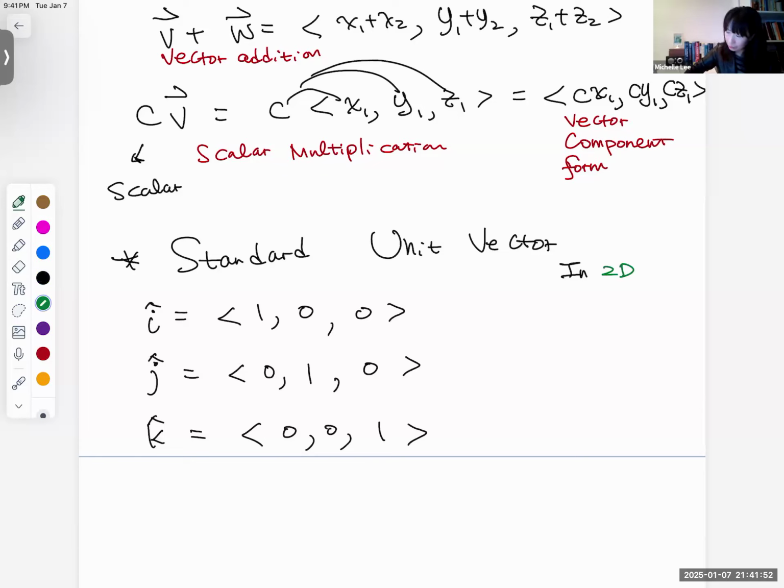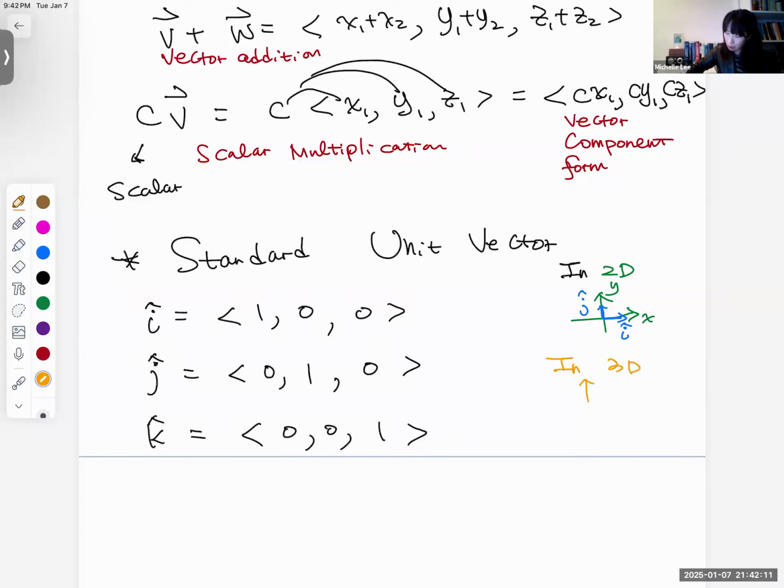We have X, Y. So this is I hat, this is J hat, right? Then 3 dimensions.